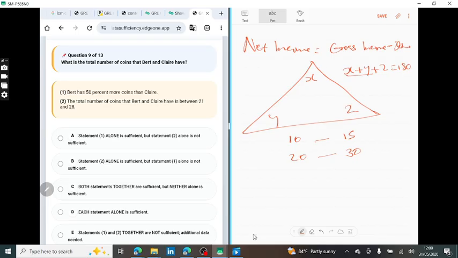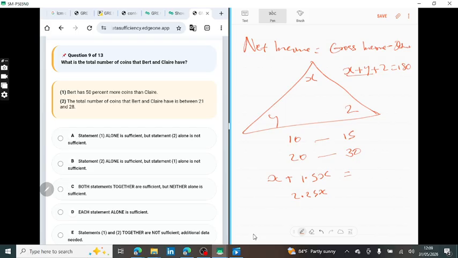When combined together, it becomes that S plus 50% of S equals what we are looking for. The thing here is, when we have 2.25S, we notice that out of all the numbers between 21 and 28, the only one that we can divide by 2.25 without a remainder is 25.